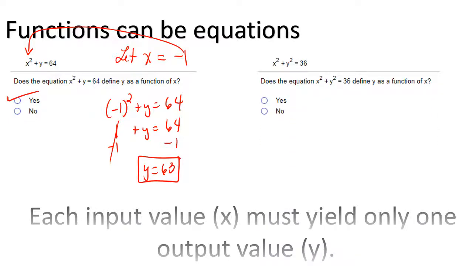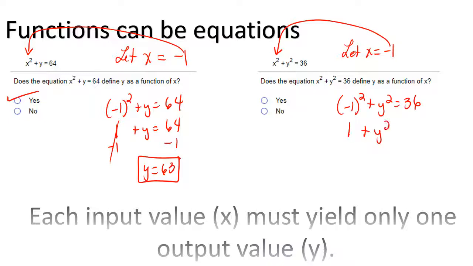In the second equation, let's try the same thing. Let's let x equal -1 and substitute that into the x value. So I have -1 squared plus y squared equals 36. Well, again, that's just +1 plus y squared equals 36. Let me subtract that 1 out of there. I get y squared equals 35, and I have to use the square root method to solve.